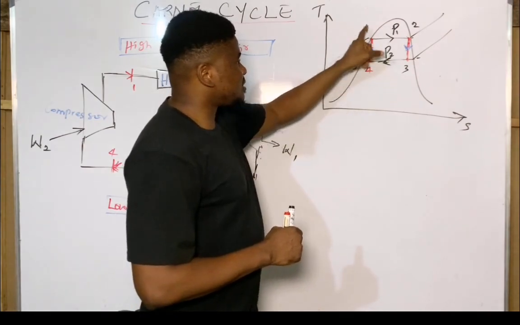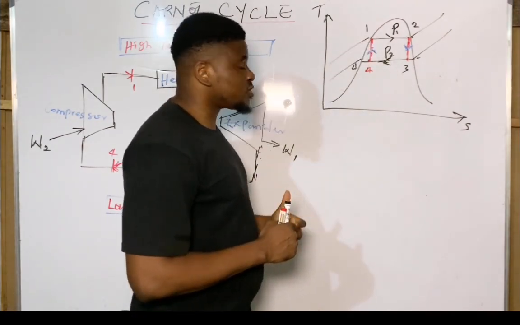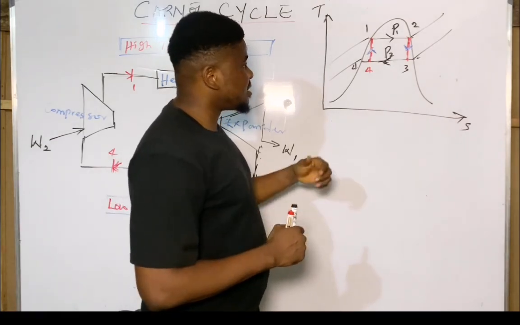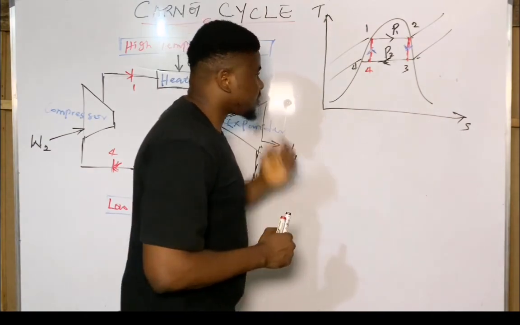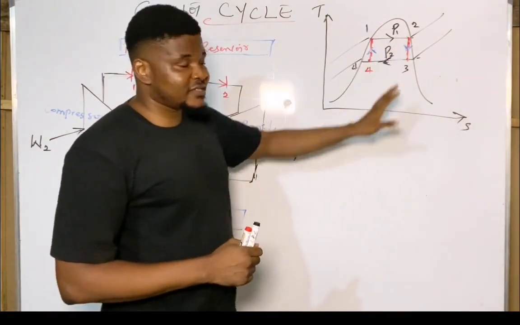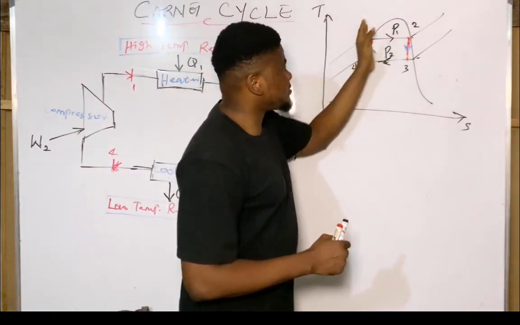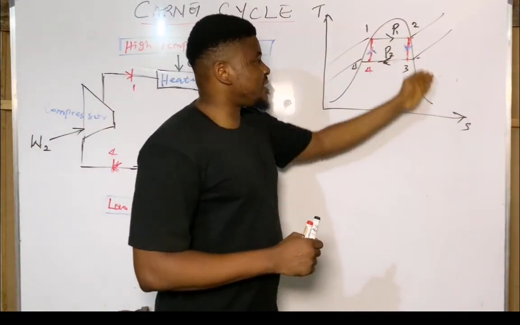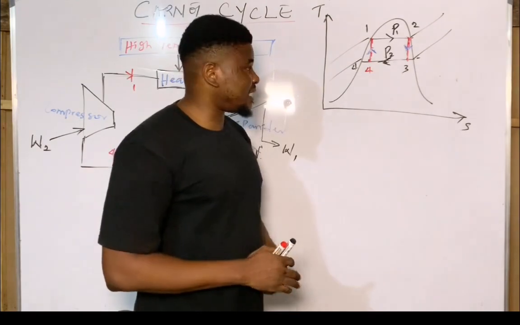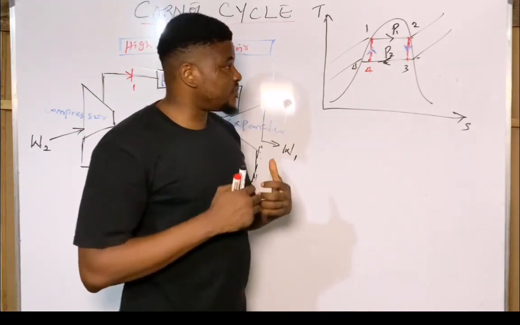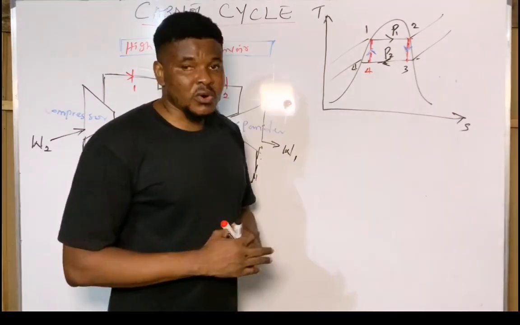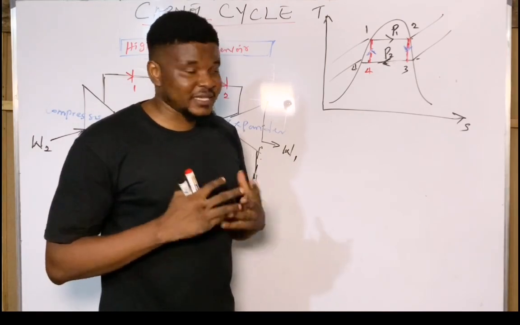And from state 4 to state 1 is the work addition process or the compression process in the compressor back to the initial state. Now, observing this TS diagram, this is our saturated liquid line and this is our gas line or the saturated vapor line. The center is simply called the mixed vapor or the saturated vapor and liquid region.